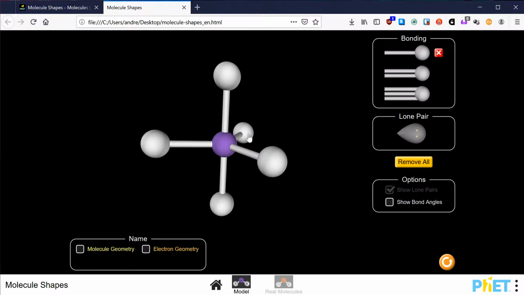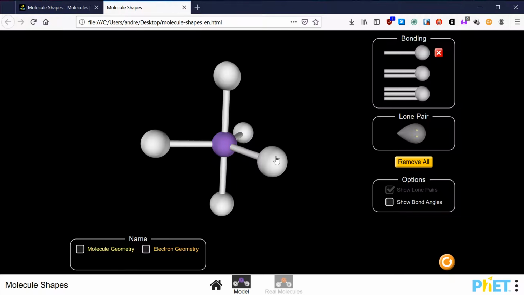And these three here are what we call equatorial atoms, because if you draw a circle around, it forms 360 degrees. If we want to measure these angles, we can see that this angle here kind of looks like 180 degrees, with the angle between this top atom and the atom over here being 90.